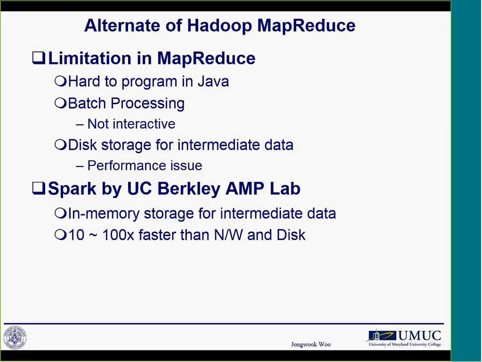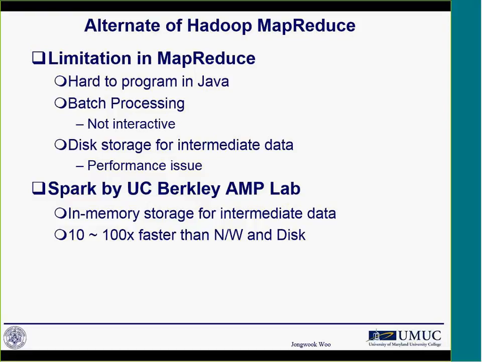That has a performance issue, especially for machine learning, because in machine learning there are tens or hundreds of loops. So if you read or write data from or to disk, it's not going to work. I mean, you cannot get high performance.